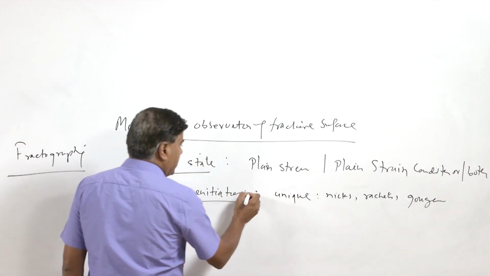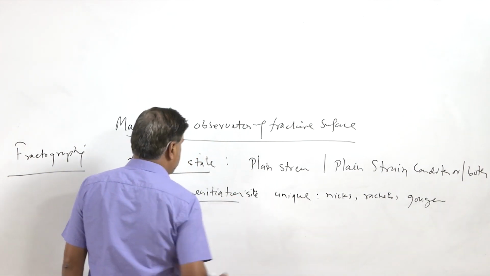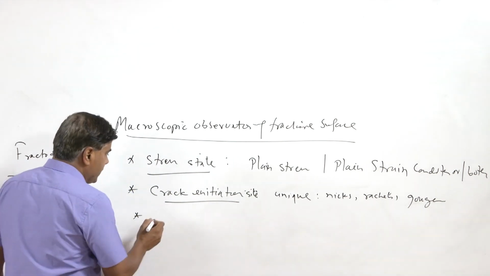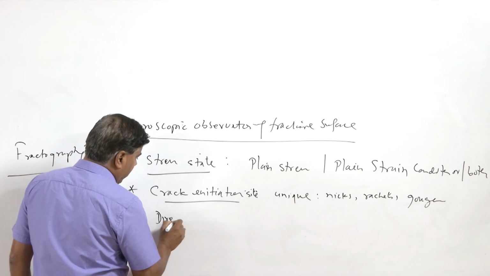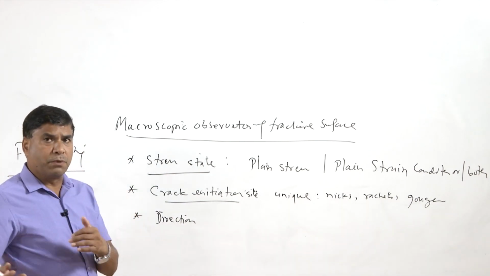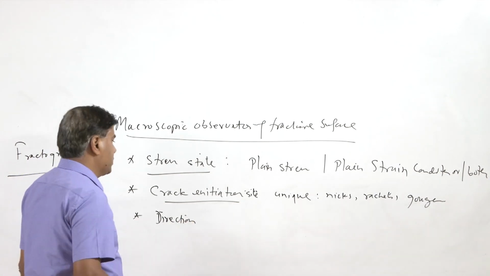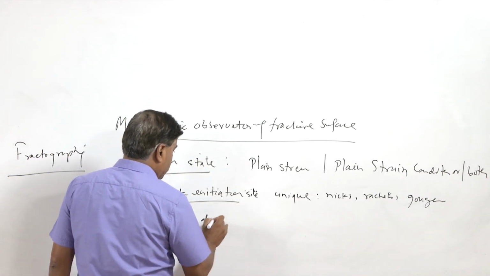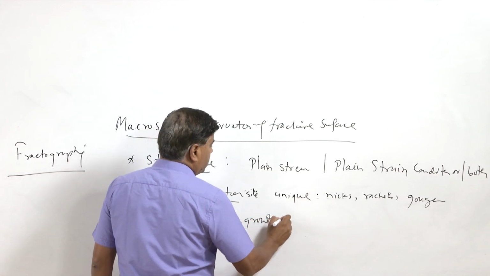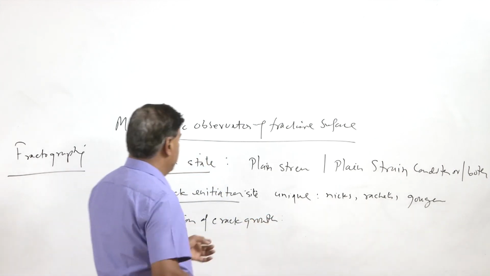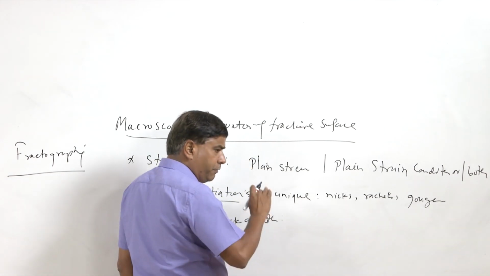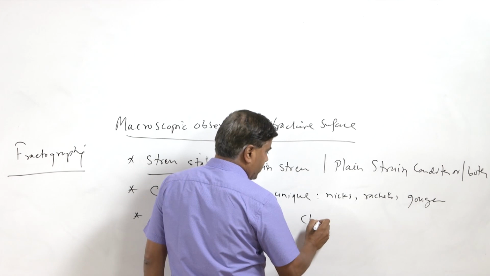So, the fracture initiation site is the second, and the third one is the direction of the crack growth, meaning in which direction the crack has propagated during the fracture of the component. For this purpose, we basically use two types of features which are present on the fracture surface.